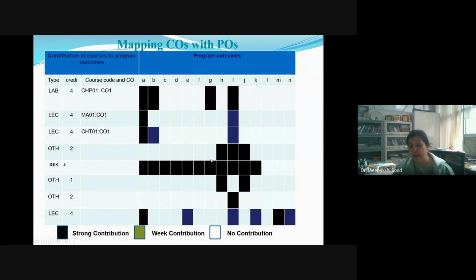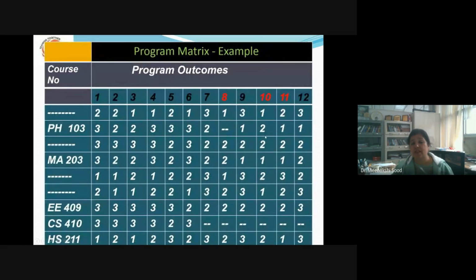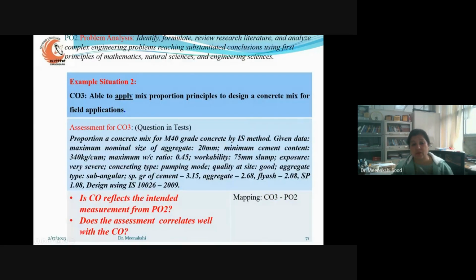But this was a very abstract mapping, and quantification was not done. So it was said that we can quantify: if the PO is fully mapping with the CO, you give 3 marks, if it is partially meeting, then 2 marks, if it is poorly meeting, then 1 mark, and if it is not associated, then 0 marks. Let me show you one example.